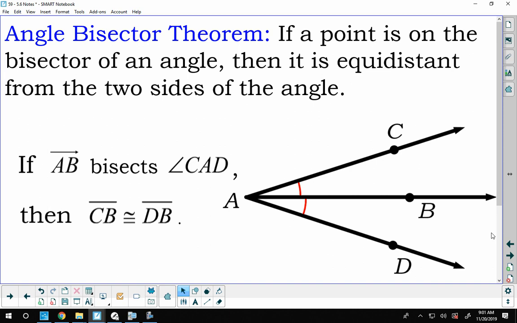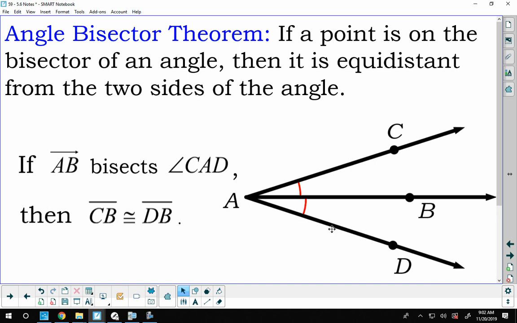So what that means here is that if a point B is on this bisector AB, so if ray AB bisects angle CAD, so here's our bisector, then we know that the distance from C to B and B to D is the same. It's congruent. So we know that CB and DB are the same.